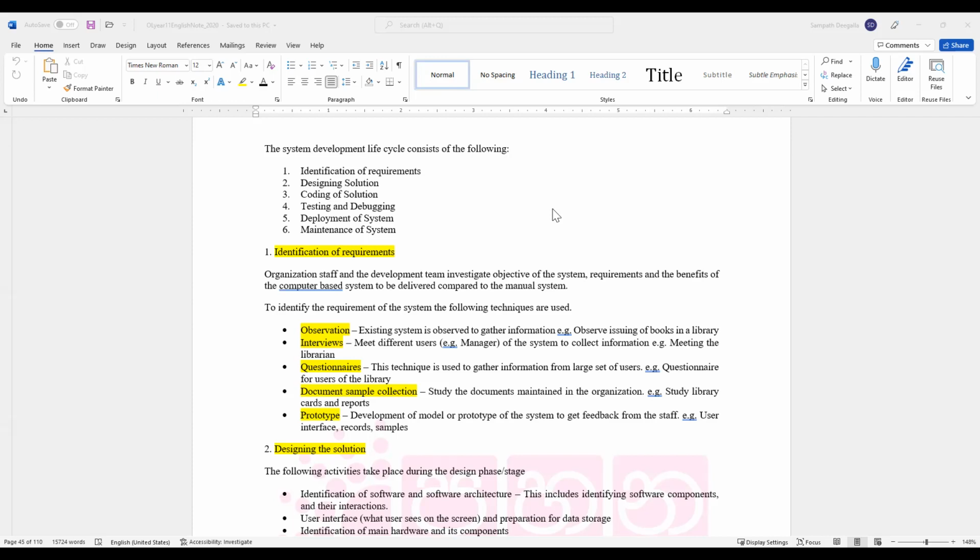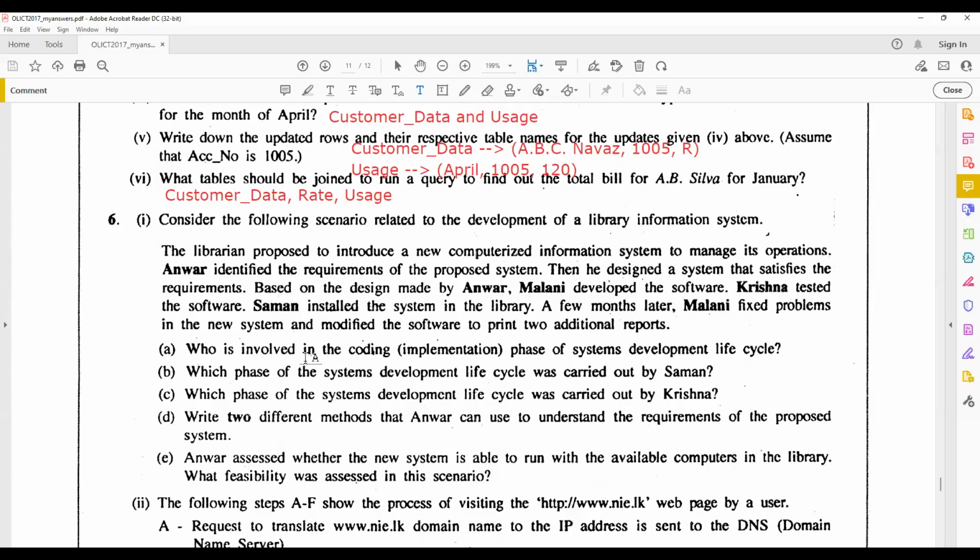So the answer for the first one should be Malini, isn't it? Because Malini developed the software. So Malini is the answer, because she is the one who actually developed the system.